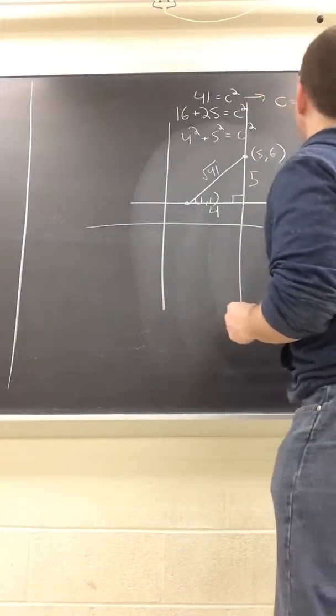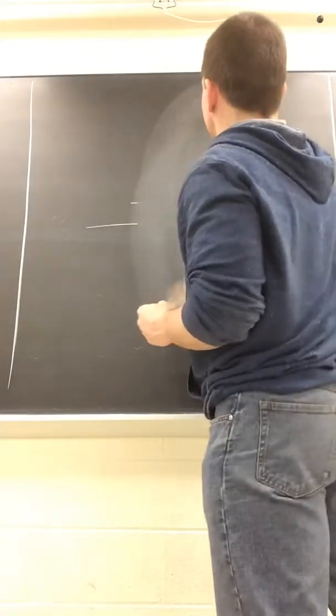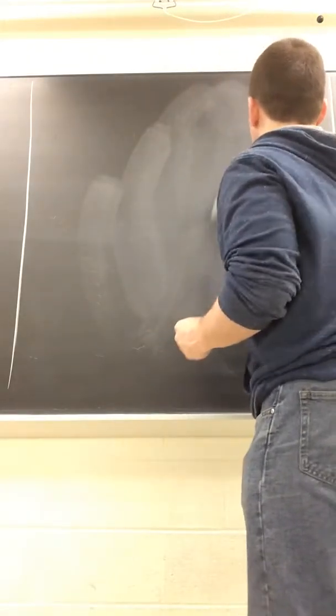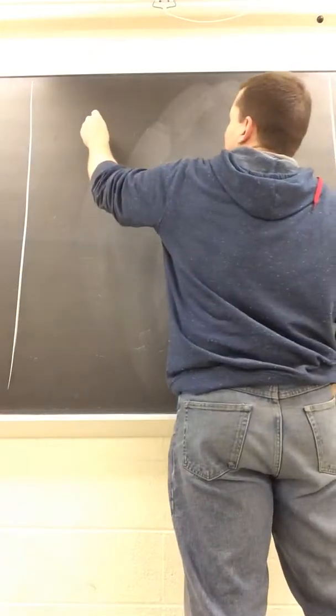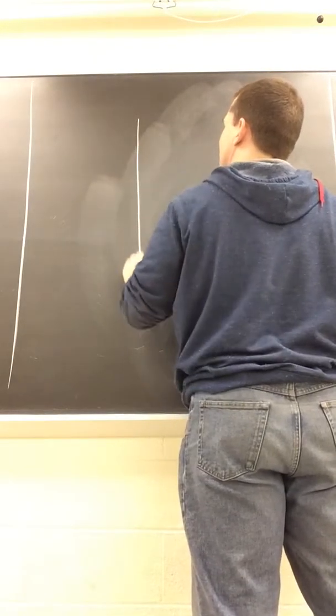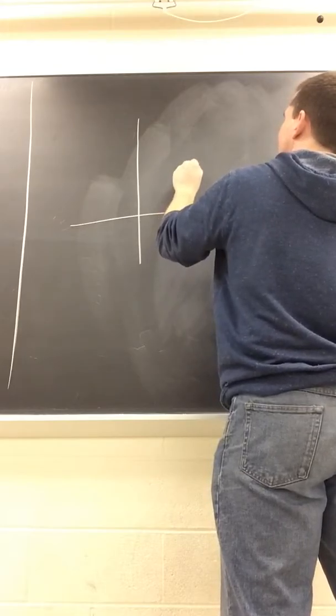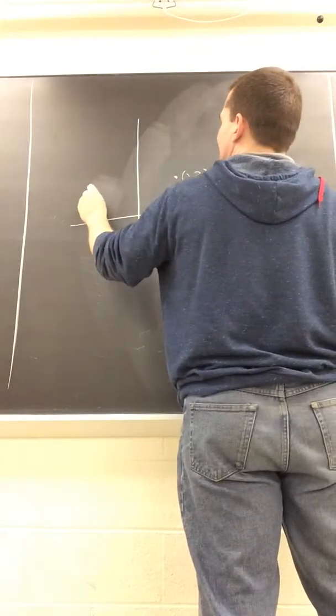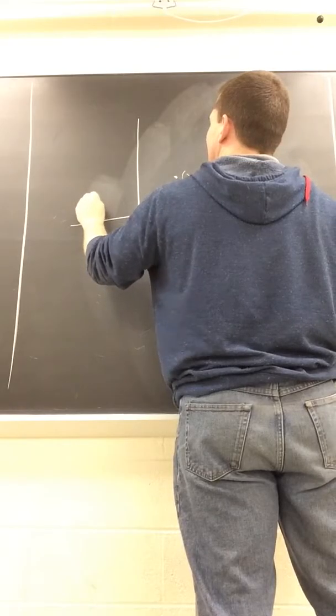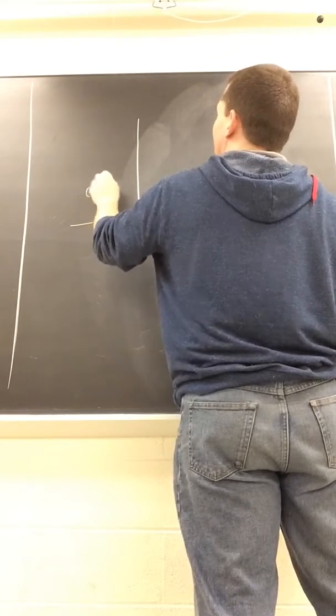So, there's one more example. Suppose we have the points 2, 3, and now we'll go in the negative quadrant over here, and we'll get the point -3, 1.